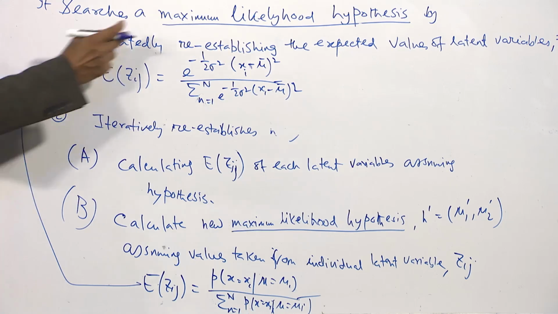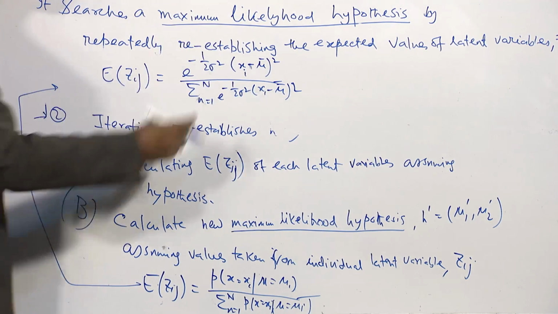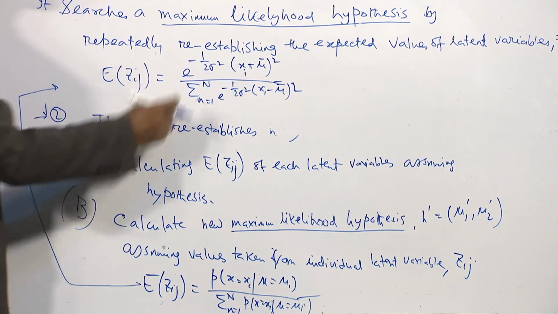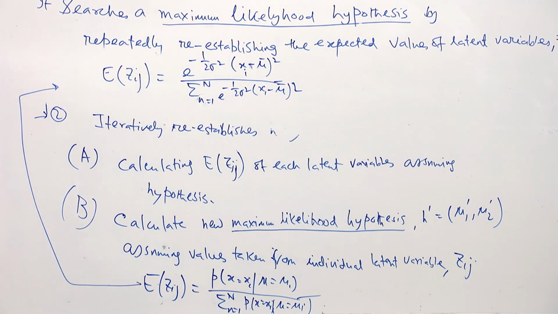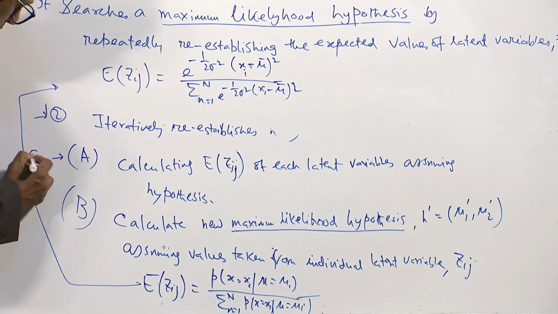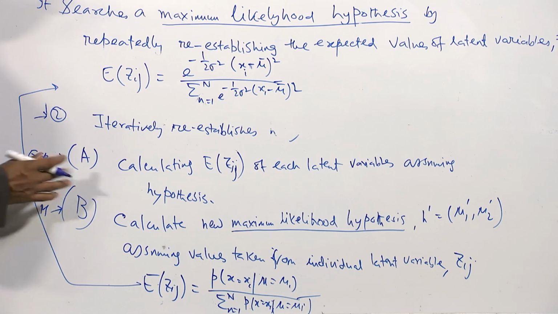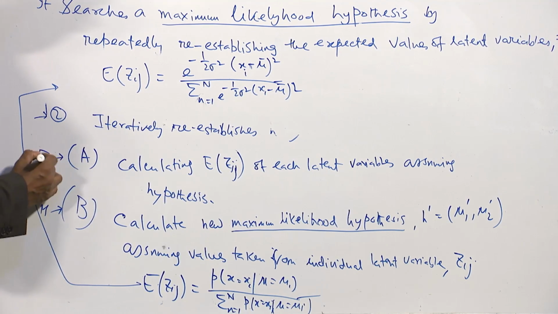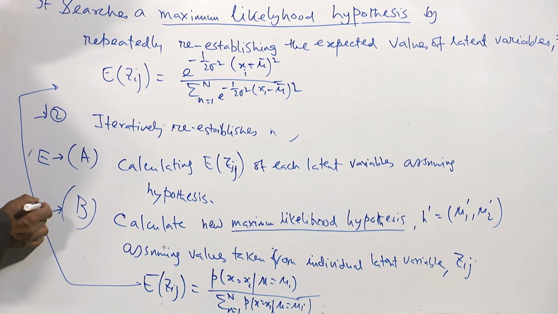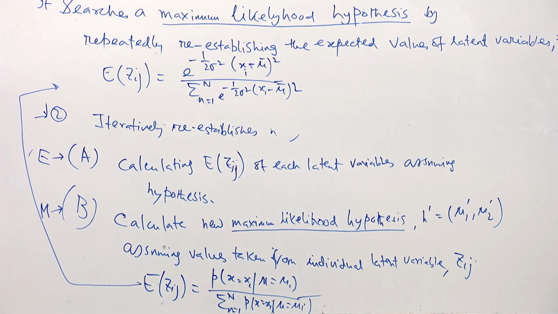If you use a normal distribution, it will look like this. So, what it is doing is calculating the probability distribution, the total probability, the summation probability and the individual probability. That is why it finds the maximum likelihood that these latent variable points will belong to a certain cluster. This is what is done. Therefore, this is called the E step and this is called the M step, E and M. This is what you do.